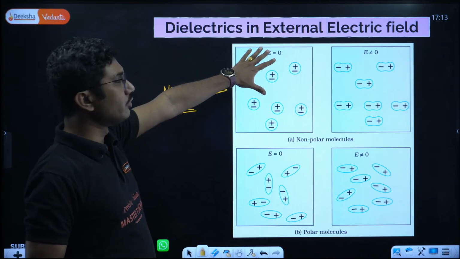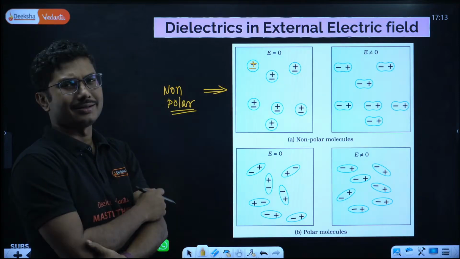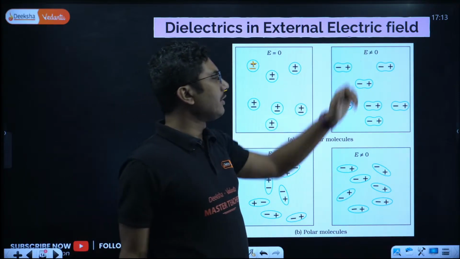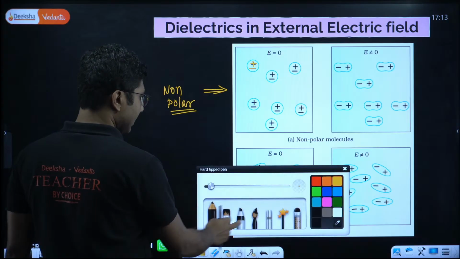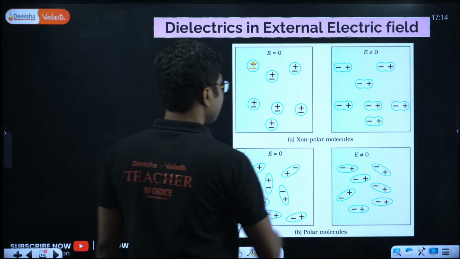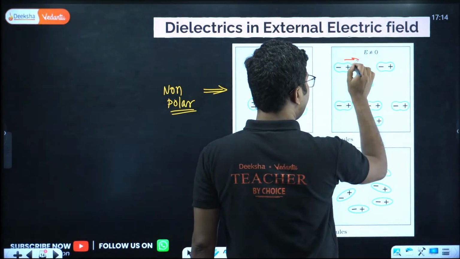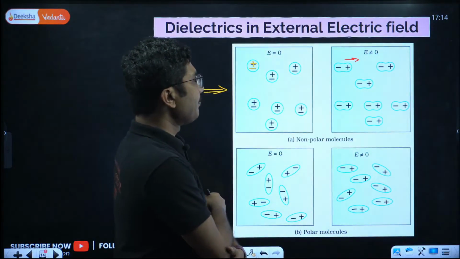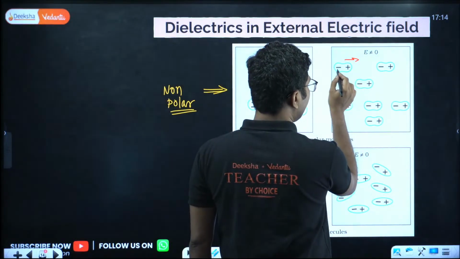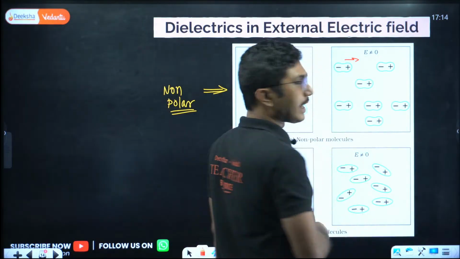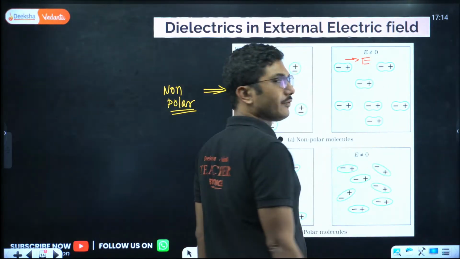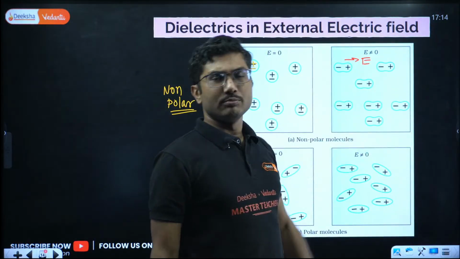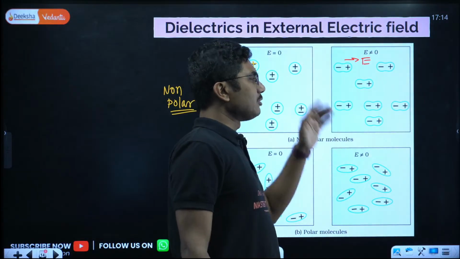Here there is no electric field, so they are all arranged like this. Now when you apply some electric field, the positively charged center moves in the direction of the electric field, and the negatively charged electrons move in the opposite direction. So when you apply an external electric field, the positive charge moves in one direction, the negative charge moves in the opposite direction.